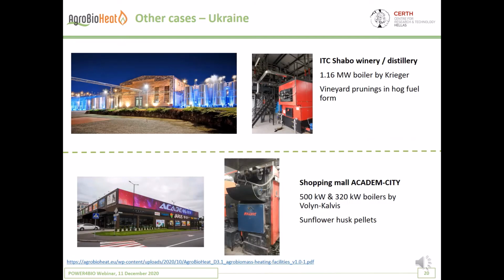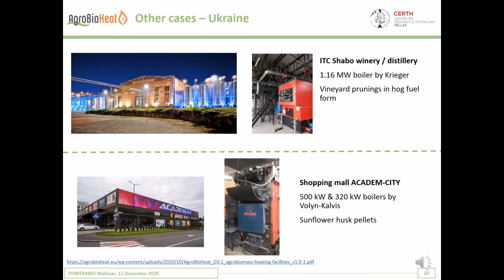And also on the eastern end of Europe, in Ukraine, two other examples. One is a winery, ITC Sabo, that is using again vineyard prunings, but this time in an industrial, a more agro-industrial context. And it has a 1.2 megawatt boiler by Krieger, a Ukrainian manufacturer.